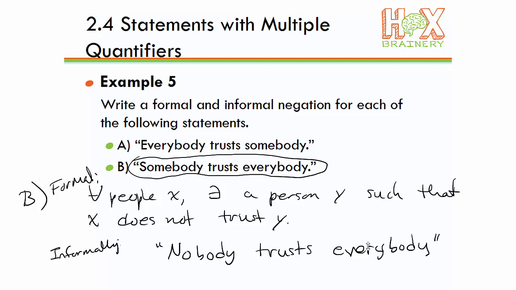You could also write it as everybody has someone whom they do not trust. That would be fine. And even for part A, if you go back to part A, the informal version could also, instead of saying somebody trusts nobody, you could also say there is somebody who does not trust anyone. That would also be okay to say.